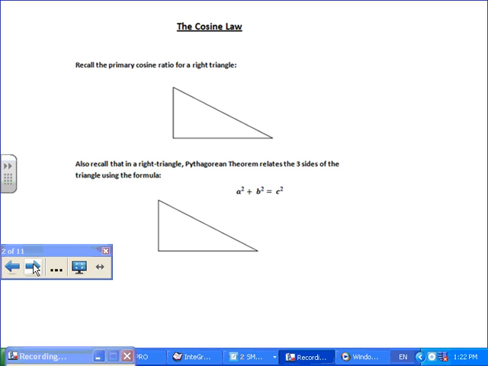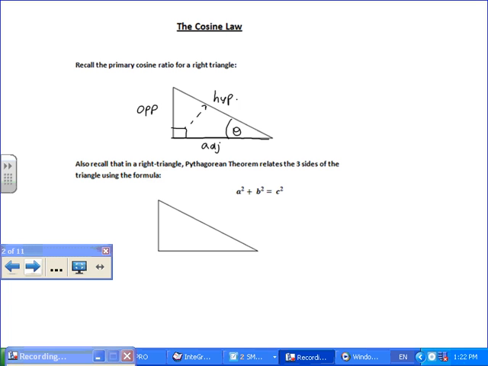One is that in a right triangle, we have a primary trig function for an angle. For example, if this is angle theta, I have my opposite side across from my angle, and my hypotenuse is always across from my right angle. The leftover side, which makes one arm of my right angle, is called my adjacent side.